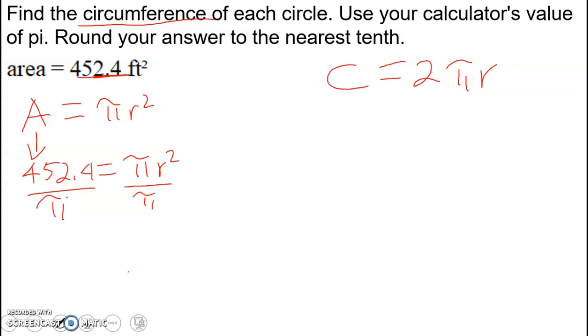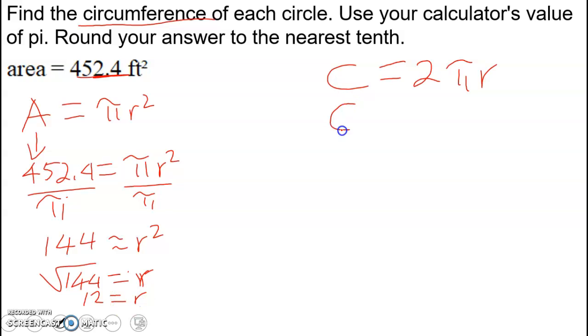Okay? So 452.4 divided by pi, we get about 144, right? 0.000, let's just ignore those. It's about r squared. And now we can solve for r by taking the square root of 144, which is a perfect square, so that's good. 12 is r. So now we come to our formula and plug that in. 2 times pi times r, and r we got is 12.